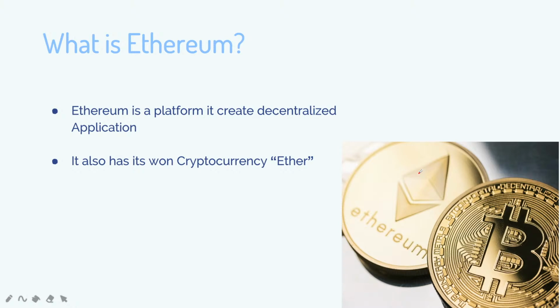For example, if I want to build a new blockchain network, I need a decentralized network. So using Ethereum only we will build the decentralized network. It also has one cryptocurrency called Ether. The meaning here is, for example, if I want to introduce a new blockchain network, using Ethereum I will introduce a new community.